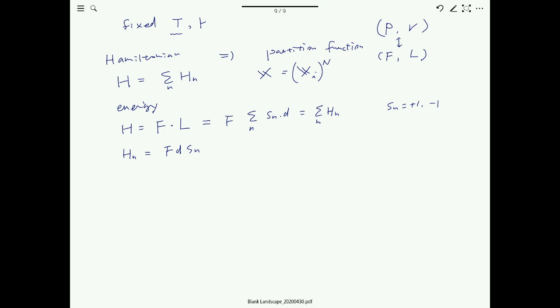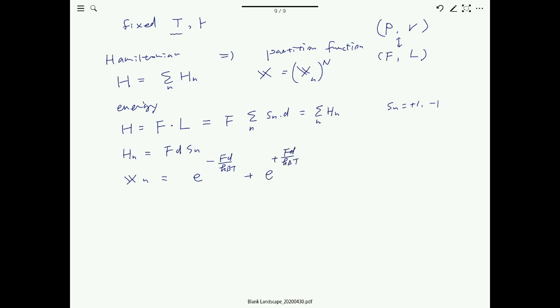Now my individual partition function is nothing but two possibilities, s_n plus 1 or minus 1. When it is minus, I get e to the minus Fd divided by kBT. When it is plus, I get e to the plus Fd divided by kBT.